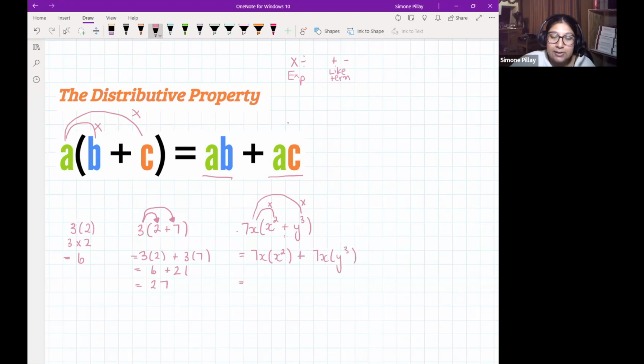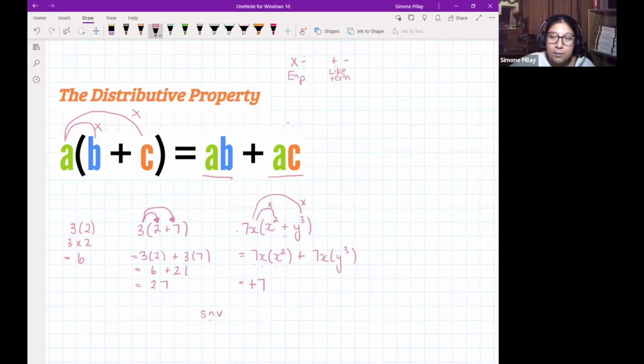And what happens is now when I do this multiplication, I'm going to apply my exponent rules. And so over here, 7x times x squared. Well, if I apply S in V, let me multiply my signs here. It's a positive 7 times positive x squared. So I'm going to get a positive. Let's multiply my numbers. Well, the only number there is 7.